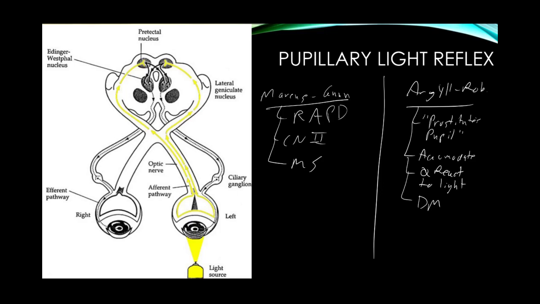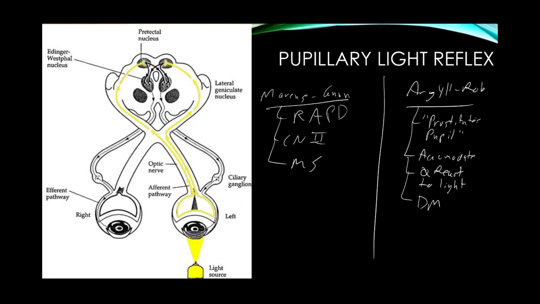First of all, some terms. When you shine the light into a normal eye, both pupils should constrict. That is called a direct and consensual response. So if you swing the flashlight from the normal eye to the affected eye, then the pupils constrict less, okay?